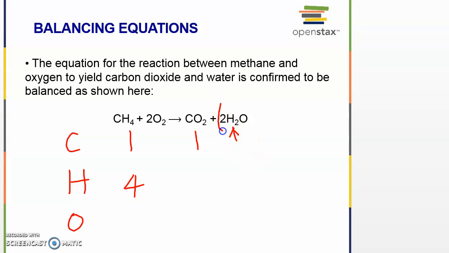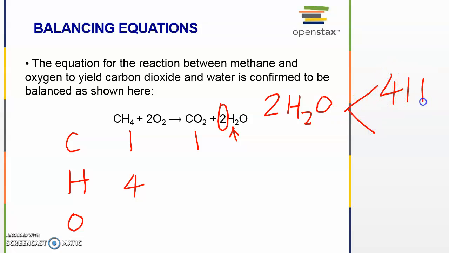There's a coefficient in the front. This coefficient belongs to each element in this molecule. For example, here I have 2H2O. In this case, I have 4 hydrogen atoms and I have 2 oxygen atoms.